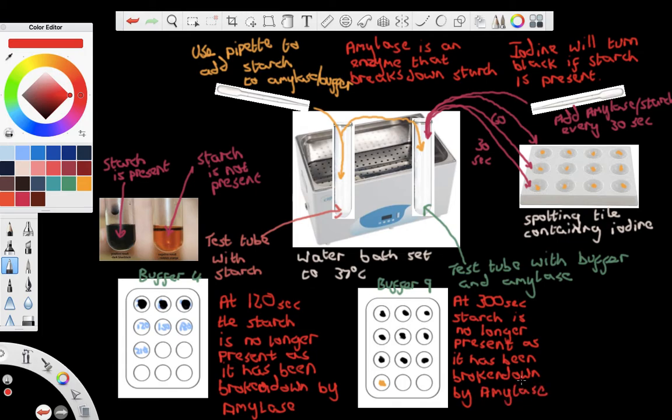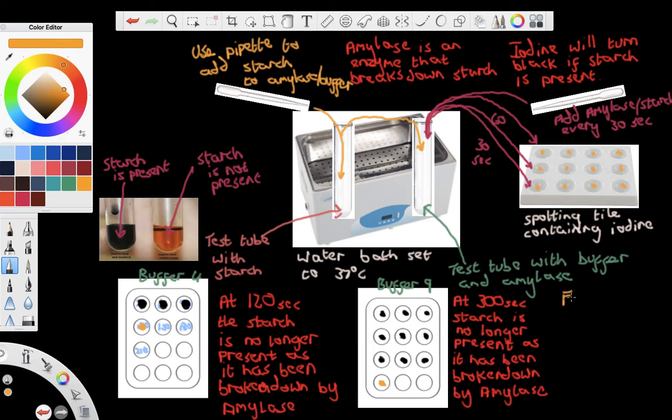If you look at these two, the amylase worked much better at pH 4 than it did at pH 9. Therefore, we would say that amylase works better in acidic conditions because it broke down the starch much more quickly here than it did in this one.